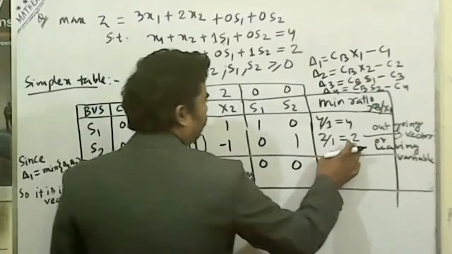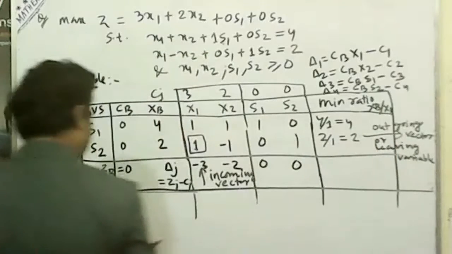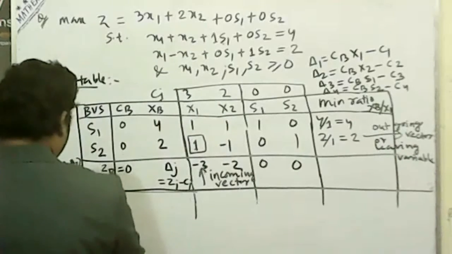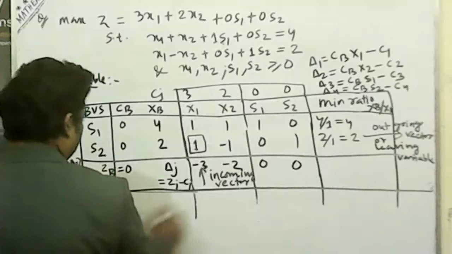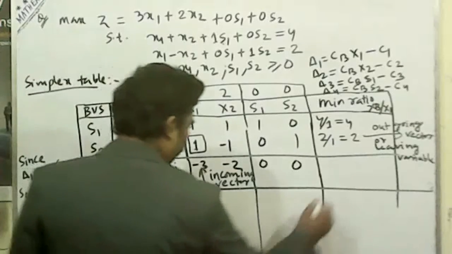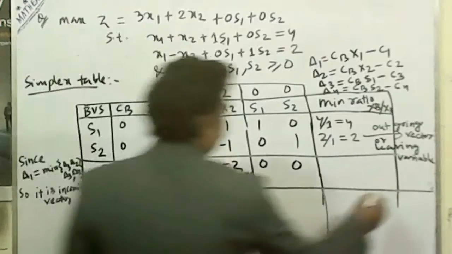Here the minimum ratio gives the outgoing or leaving variable. Now we will draw the same table and continue.